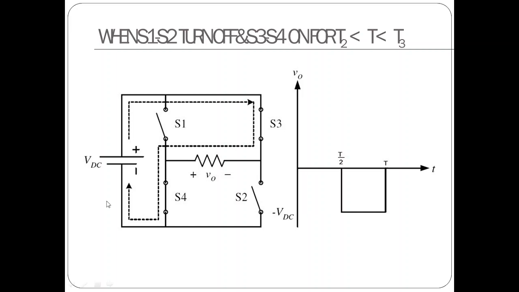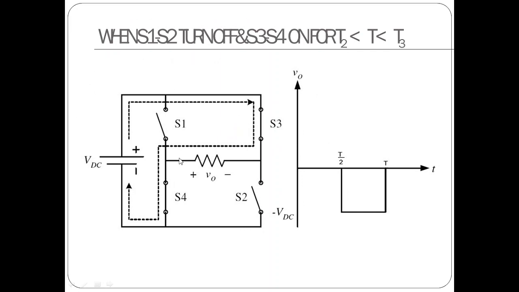So with S3, S4, the supply will go through the switch S3 first, again coming to the resistor with a negative polarity here. Because it is entering through the negative polarity, we will have a negative waveform like this. A negative voltage waveform will appear because the current flows through this switch and from this switch moves into this particular resistor, and the resistor has a negative polarity on this side.